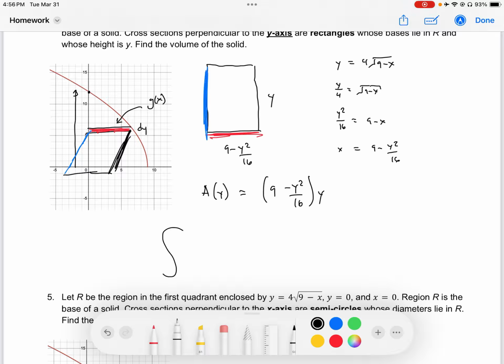So we would now integrate from the lowest y value, which is 0, all the way up until we get to the top y value, which is 12. And our cross-sectional area is, I'm going to multiply this through just for fun, 9y minus y cubed over 16 dy. And that is going to give me the volume of this beast.